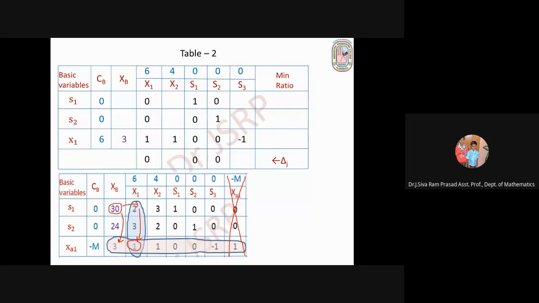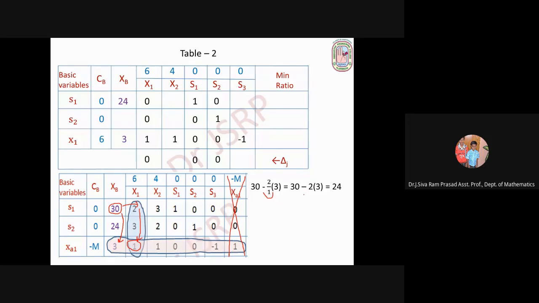So 30 minus 2 by 1 into 3. First simplify this part: 30 minus 2 into 3, that is 30 minus 6, 24. So here 24.